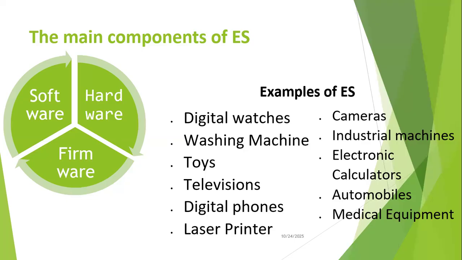In digital watches, washing machines, and so many others, for instance in the washing machine, how does an embedded system influence it? It influences the washing machine in the sense that it enables you to perform different operations. When you use a washing machine, you can set different temperatures or use the knob for different functions.